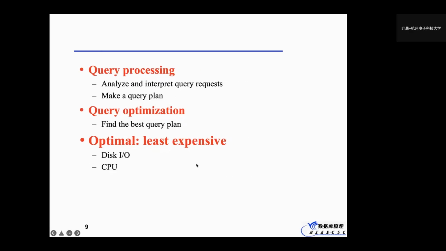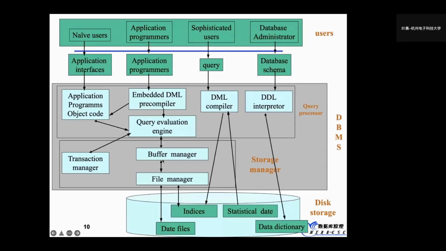And here this is the DBMS and the query. You see we have this query here going into the DML compiler, and it will analyze the query. It will generate the query plan here. This we call the query processor.